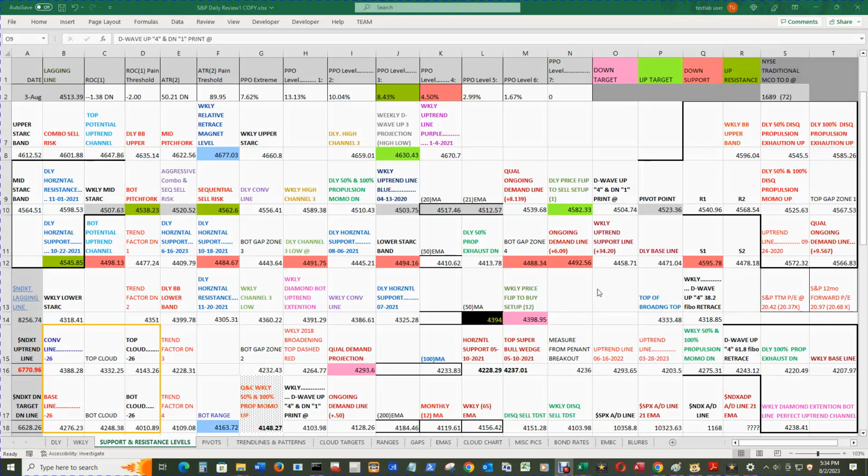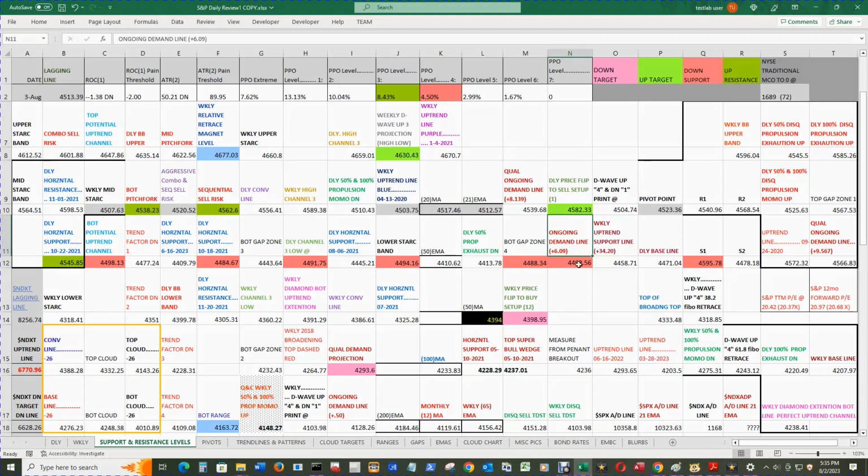Under there's the 4400 level, S1, bottom of gap zone 4, lower Stark band for the daily chart, daily channel 3, low daily horizontal support from 10/18/2021 and the bottom of the potential uptrend channel. And this ongoing demand line is support. However, if it opens lower than this level and closes lower than that level end of day on the 3rd, then that will become qualified.